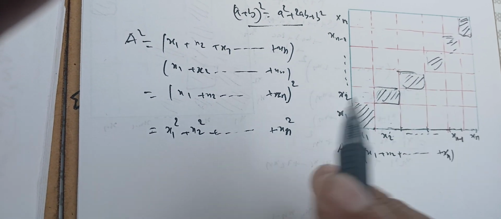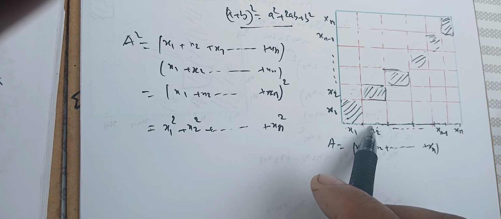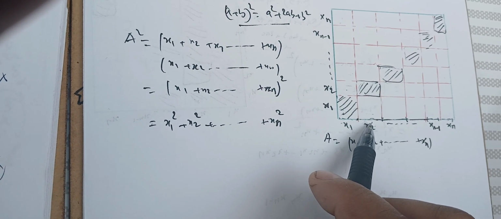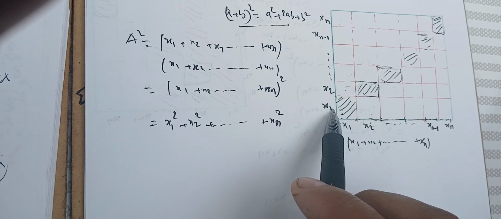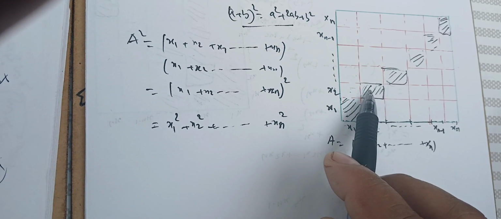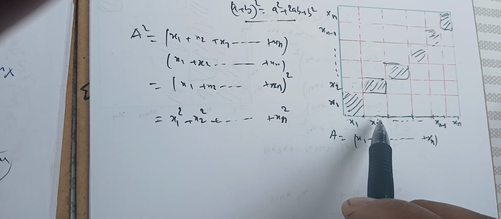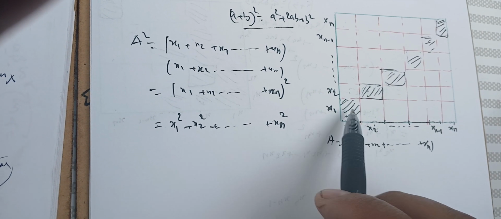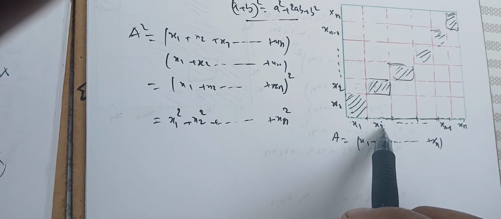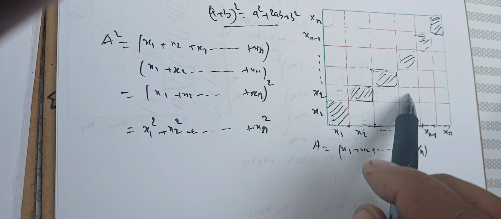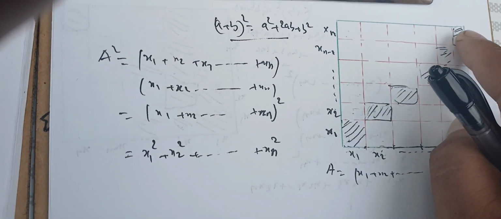But note that in this case we have x2 times x1, this one, and I skip this one because I don't want to repeat it. The key idea is that I skip this one when the index is equal to 2. Here, when I sum up, because I already computed this one, I don't want to compute it again.